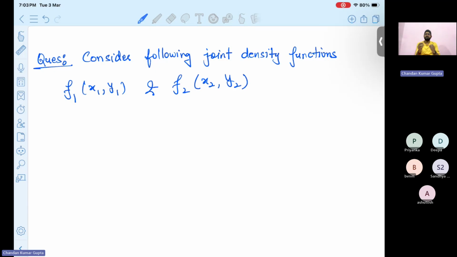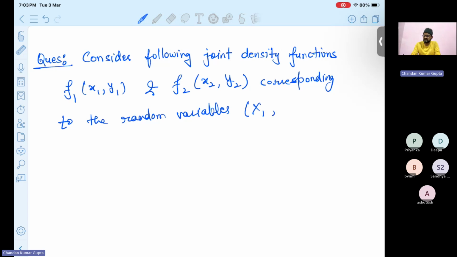That is, f1 of x1, y1 is one joint distribution and f2 of x2, y2 is another, corresponding to the random variables X1, Y1 and X2, Y2 respectively.